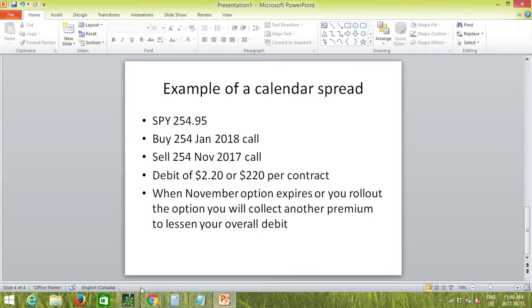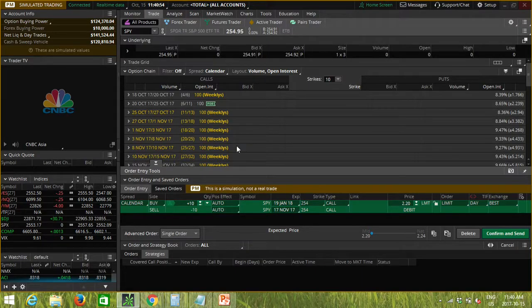So let's look at it on my paper money account. Here we are, here's our SPY, 495. We're going to do 10 contracts: buy the January, sell the November. Here's our 220 debit.